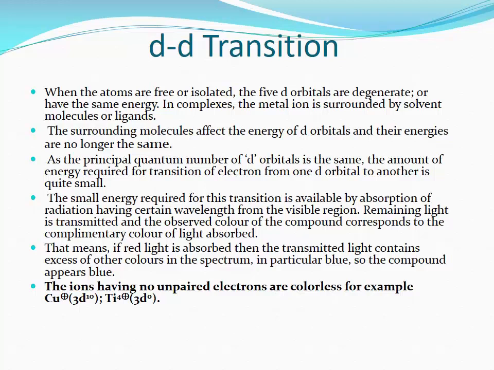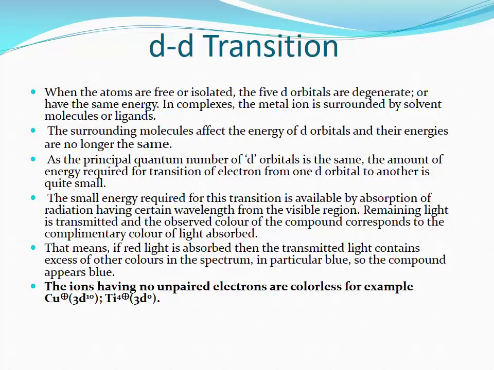This excited d electron again gets back into its lower energy level by emitting the absorbed radiation, and the compound shows the complementary color of the light absorbed. For example, if red light is absorbed, then the compound appears blue in color.